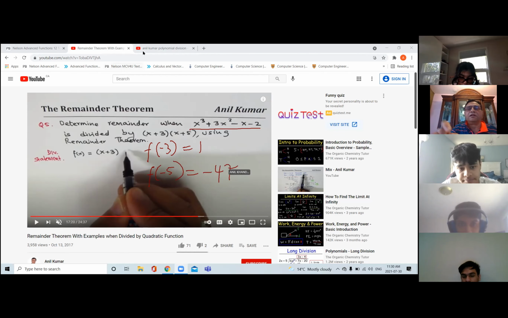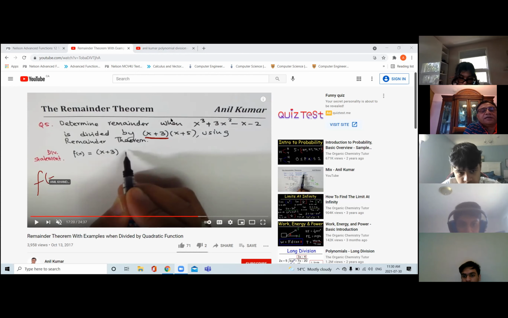First step. Now, I'm removing all this, right? We know this. So now, when I'm dividing by, let us say this, then I basically say f of minus 3 is actually equal to 1, correct? But it is equal to the remainder, right? So we are saying what the remainder is going to be. Since the divisor is of degree 2, the remainder is equal to a linear function ax plus b.